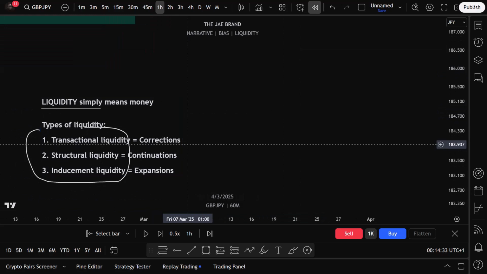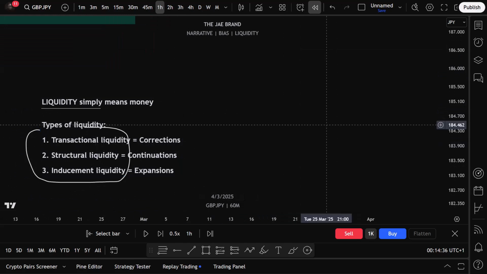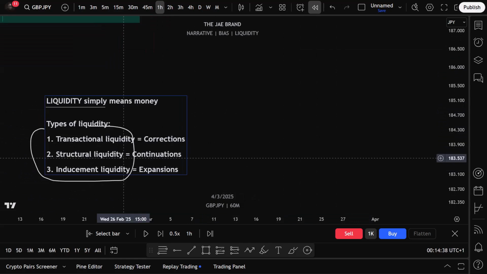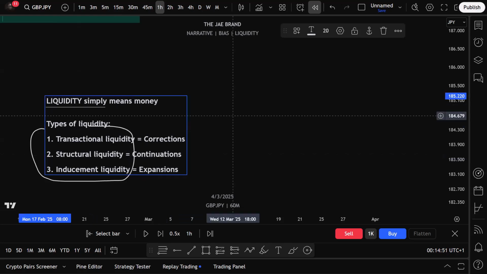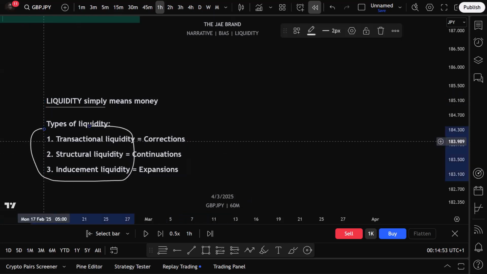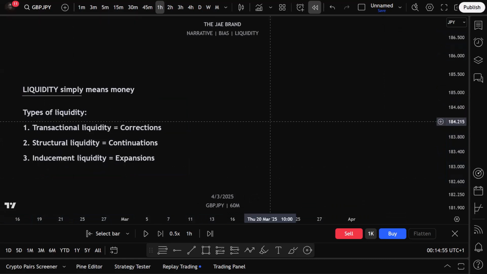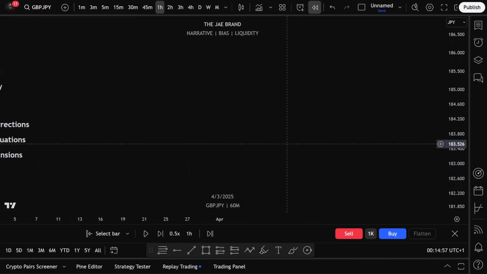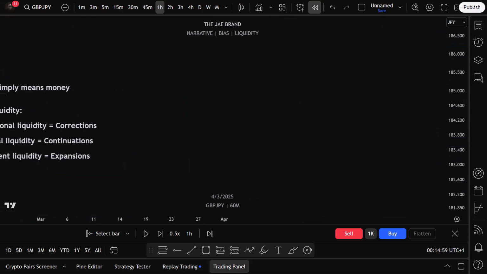It is simply used for corrections. Now, the second type of liquidity is structural liquidity, which is very important for every trader to understand. Structural liquidity is used for continuation. Let me give us a template here.